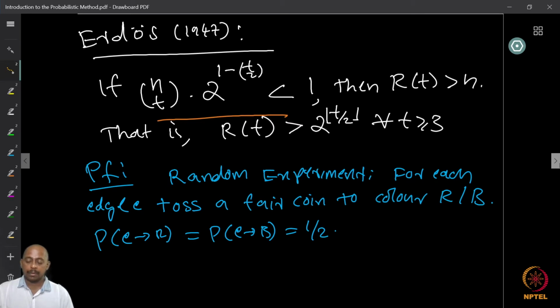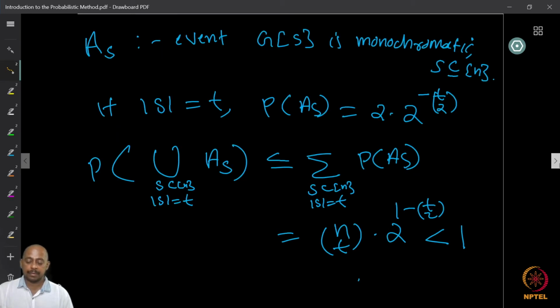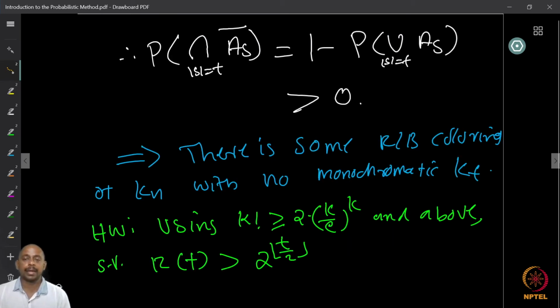Then from this, one can use some combinatorial identities and inequalities to show, with some approximations, that R of t is greater than 2 raised to the ceiling of t over 2.